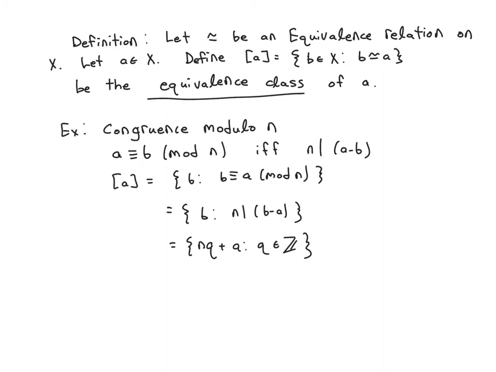As a first example, using the one we discussed previously, congruence modulo n. We say that two integers are congruent modulo n if and only if n divides their difference.